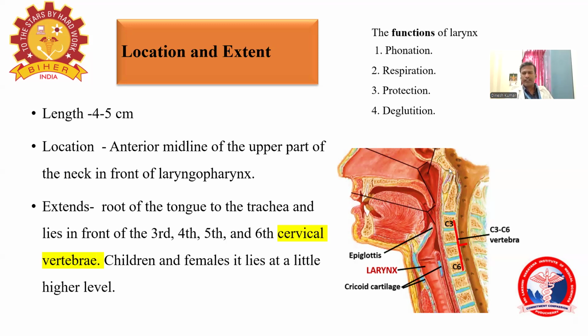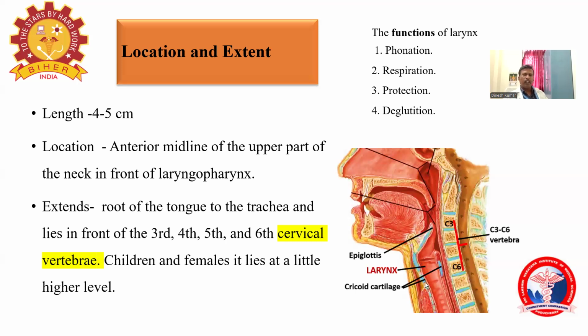See, this is the sagittal section. This is the posterior side, this is the anterior side. You can see the sagittal section of the head and neck. This is the epiglottis, and the continuation of the epiglottis is the larynx. Anteriorly, you can see the cricoid cartilage. The cricoid cartilage is a ring that surrounds the larynx.